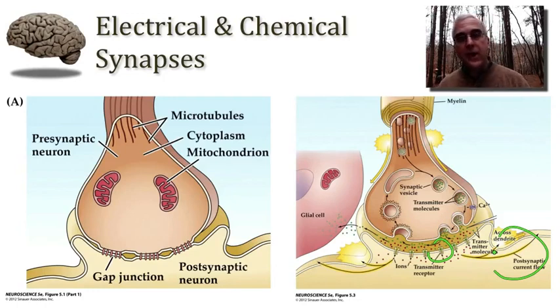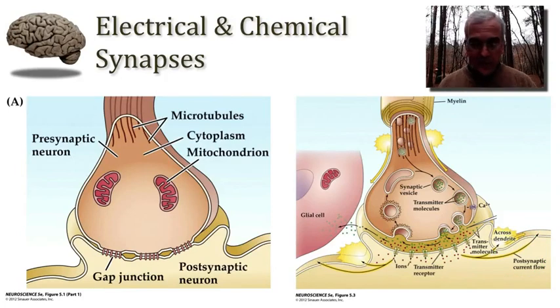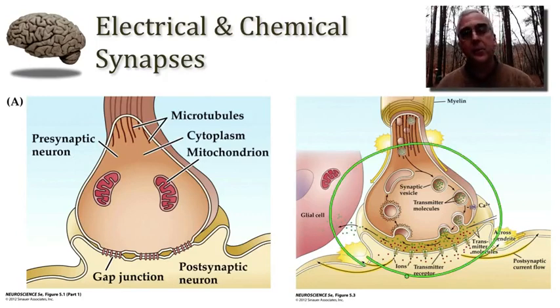Now, with respect to timing, all synapses are fast, but clearly the electrical synapse is designed for the most rapid, most efficient form of transmission. So there's virtually no synaptic delay when it comes to an electrical synapse, but for a chemical synapse, all of these processes that we see outlined here to the right of this figure, they all take some time to unfold.